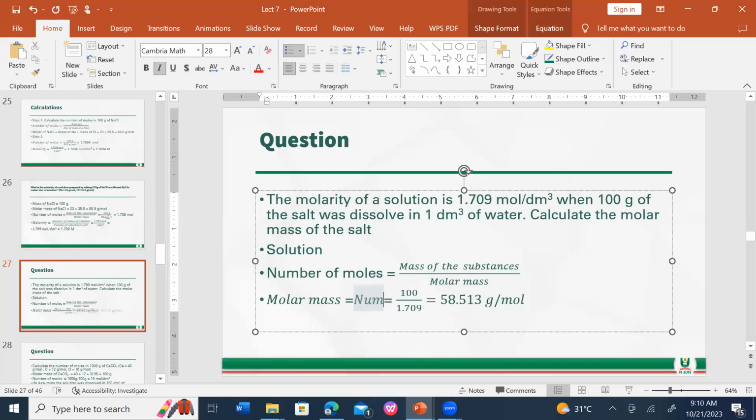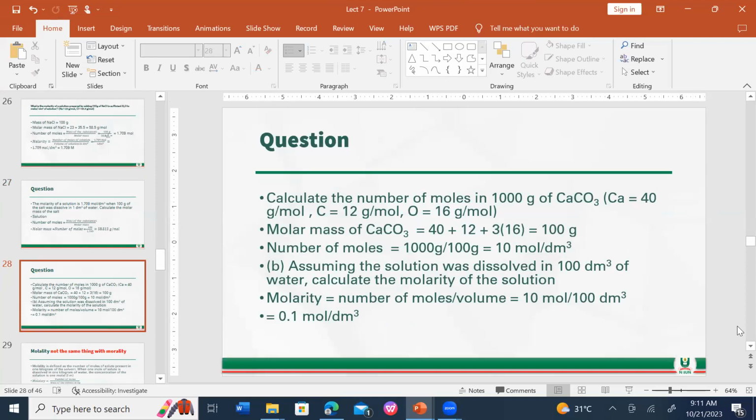That gives you 58.513. That means that compound is sodium chloride, because the molar mass of sodium chloride is 58.513.